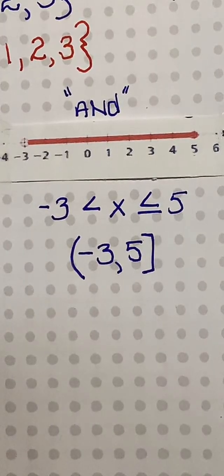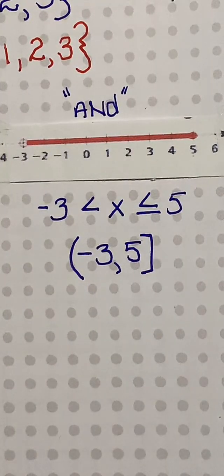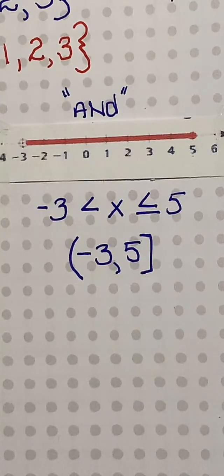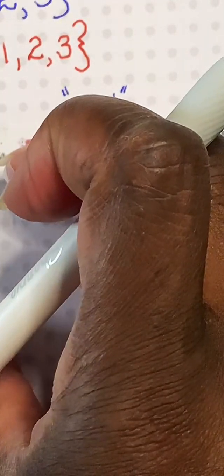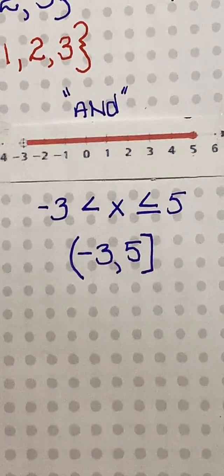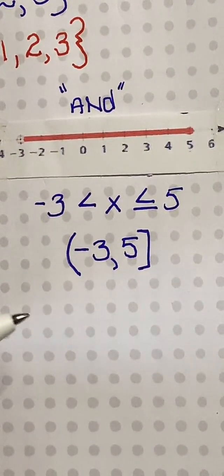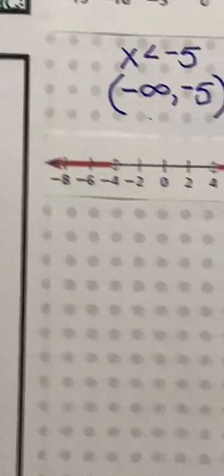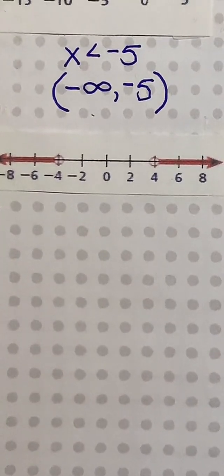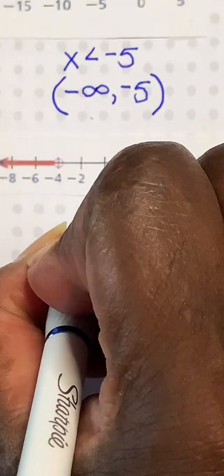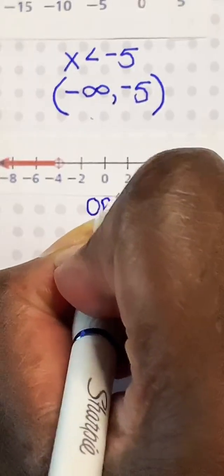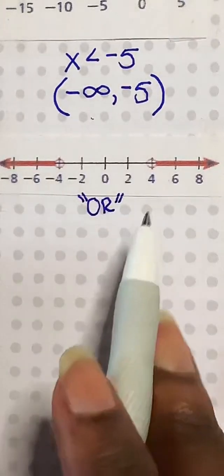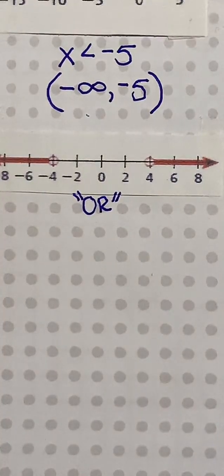All right, so let me grab this one. So when I come over for this one, this is considered an or statement, because you see how they're going into two separate directions.